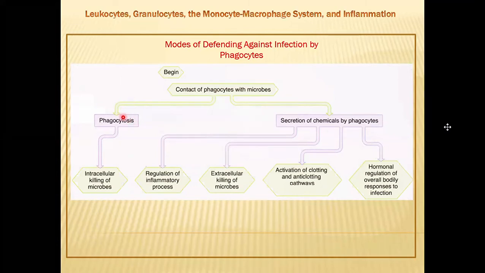Inside the phagocytic cell, it can lead to an intracellular killing of the microbe. The other method is if the phagocyte is unable to kill that invading microbe, it also secretes chemicals, which will lead to regulation of the inflammatory process, extracellular killing of the microbes, activation of the clotting and anti-clotting pathways, and hormonal regulation of overall bodily processes in response to the infection.